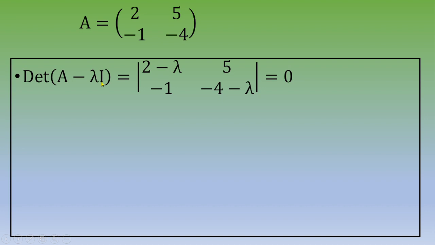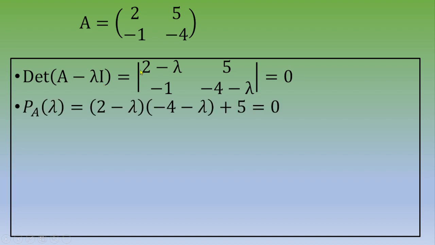Then if you calculate the determinant, this is (2 minus lambda) times (minus 4 minus lambda) minus negative 1 times 5. So we end up with minus 5, this is plus 5, and this equals 0.